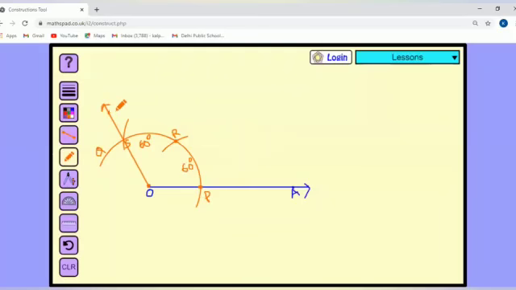Now check the angle formed. Angle BOA or angle AOB. You can name the angle as angle BOA or angle AOB or with a single vertex, angle O, which is equal to 120 degrees. Let us check the angle formed.